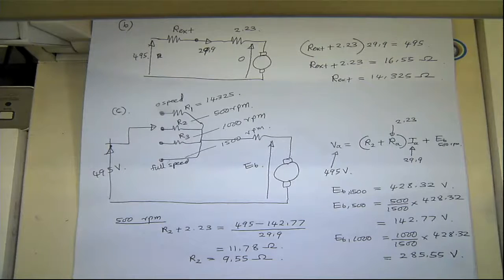So that's the resistance you need at 500 RPM to limit the current to the rated current.